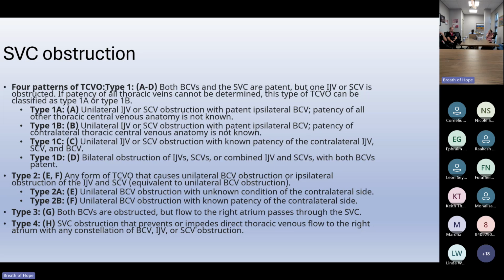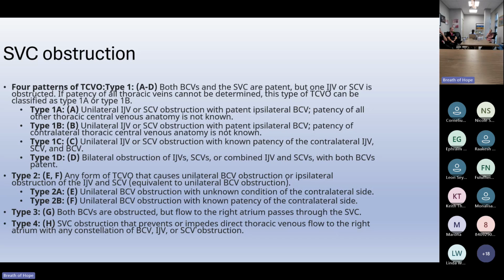If patency of all thoracic veins cannot be determined, this type of thoracic obstruction can be classified as type 1A or type 1B. Type 1A is where you have unilateral internal jugular vein or superior vena cava obstruction with a patent ipsilateral brachiocephalic vein. Patency of all other thoracic central venous system is not known.